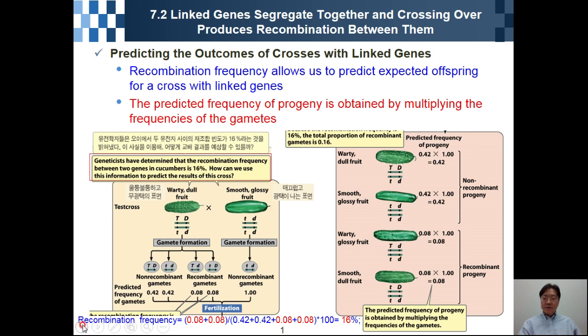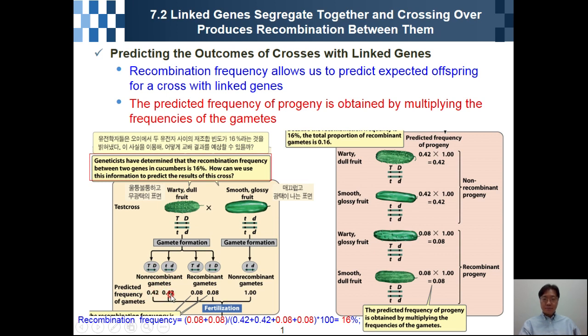A recombination frequency of 16% means that the predicted frequency of each recombinant gamete will be 0.08 and 0.08. And the predicted frequency of each non-recombinant gamete will be 0.42 and 0.42.